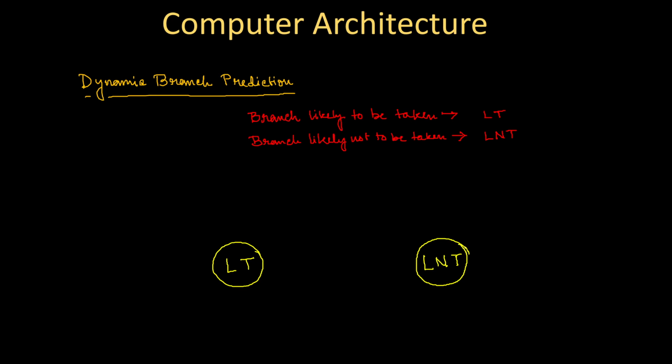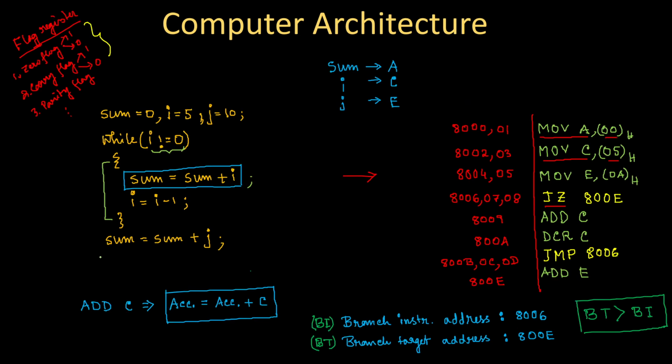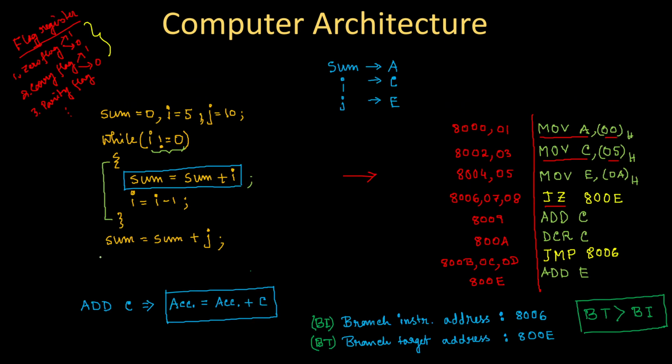Now see, one of them will be the starting state, right? Which is going to be the starting state is actually decided by the hardware based on this rule: branch target is lesser than branch instruction or greater than. Okay, so assume that we are considering the first case.